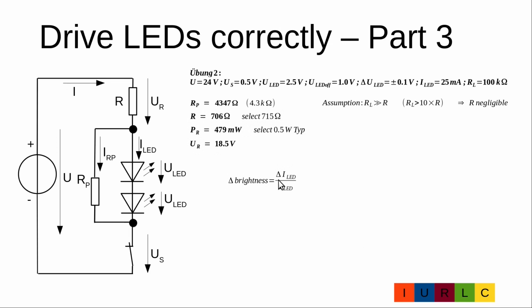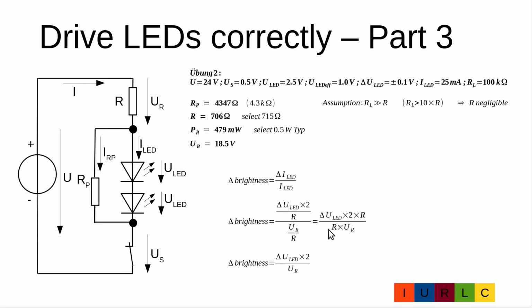The brightness tolerance is delta ILED divided by ILED is delta ULED times 2 divided by R, divided by UR divided by R. We bring the two terms to the main fraction bar and get delta ULED times 2 times R divided by R times UR.